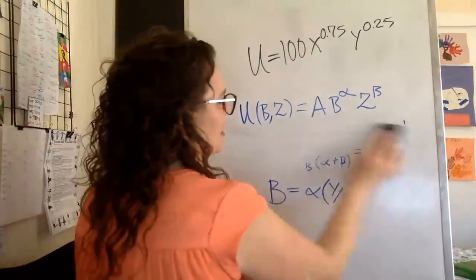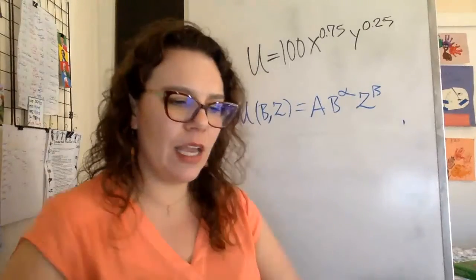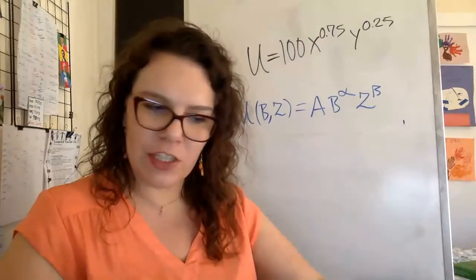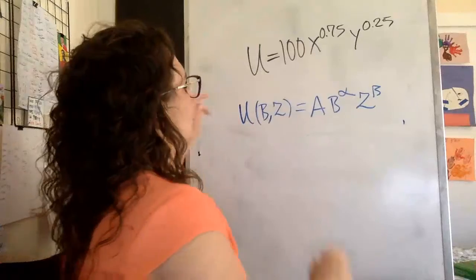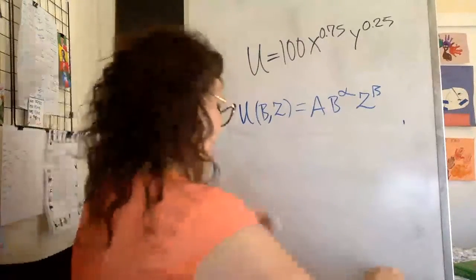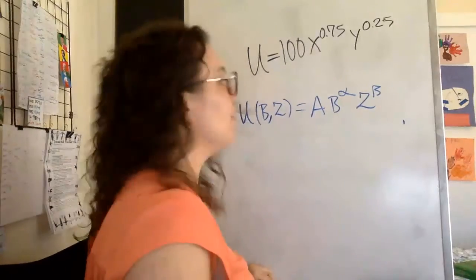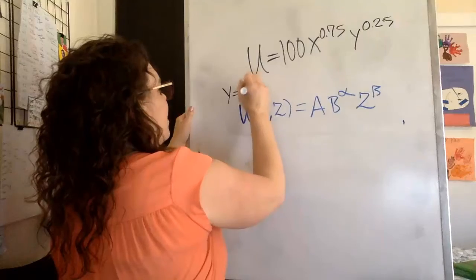You can actually see this in one of the problems we went over in class today in chapter 5. What we want to do is take the income this individual has. So let's add that info in here. Their income is $800.